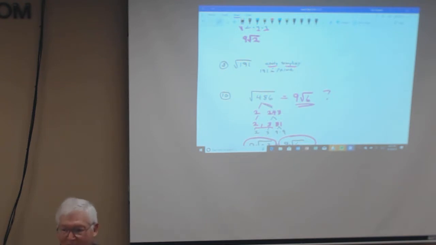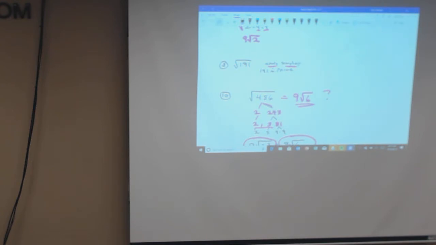So he gives you one you can't simplify, which always bothers me. Why does a math book give me a problem to do that I can't? They say, here's the problem, work it, but you can't work it. Well, then why'd you give it to me? But number 8 can't be factored, so it can't be simplified. So keep your prime number chart handy in case you run into one of those.